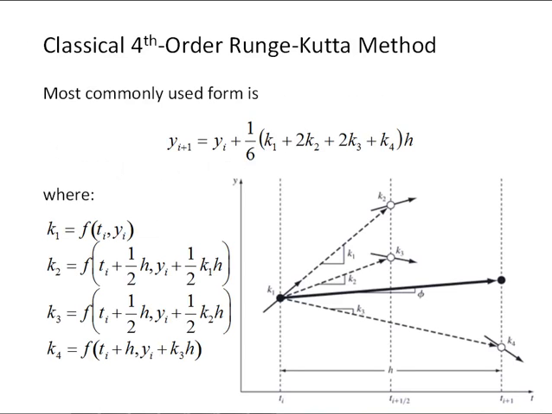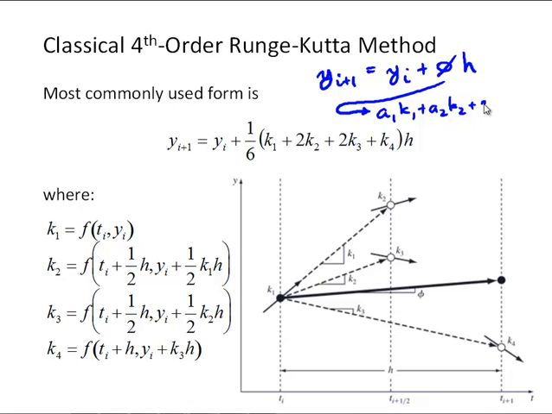Recall the classical fourth-order Runge Kutta method is implemented as follows. This is a one-step method, so it's y_{i+1} is equal to y_i plus phi times h. And remember, the Runge Kutta method is just saying that phi is some linear combination, a1 k1 plus a2 k2 plus, for a fourth order, a3 k3 plus a4 k4.